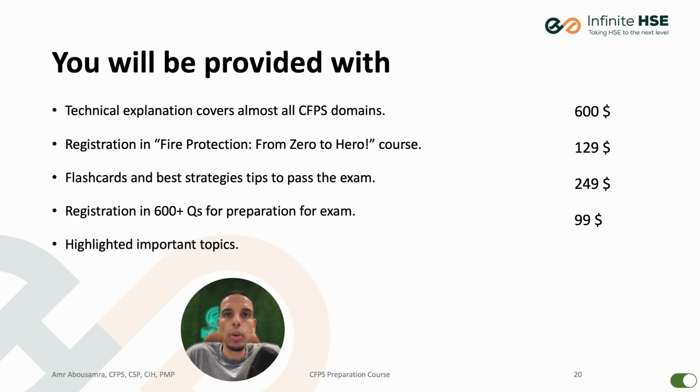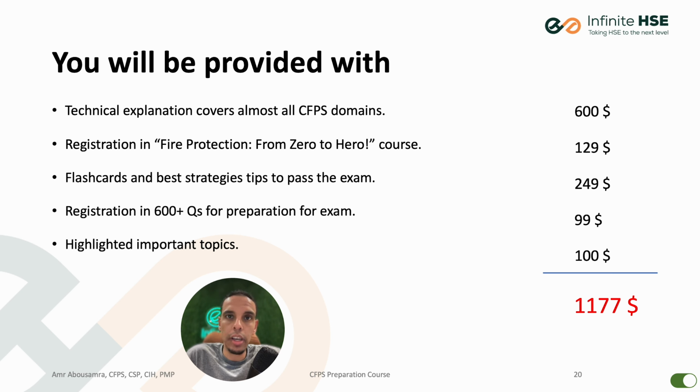So you will get exactly what's important for this exam, and this costs $100 US dollars. So if you calculate all of this, it will cost a total of $1,177 US dollars.